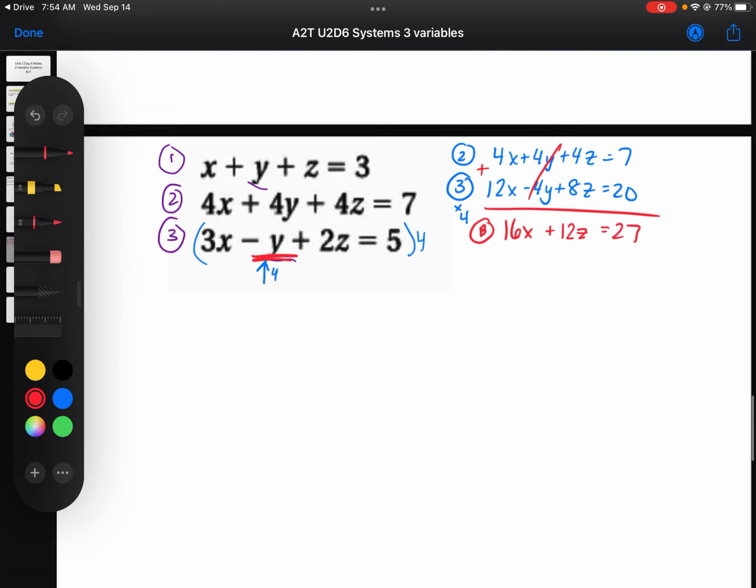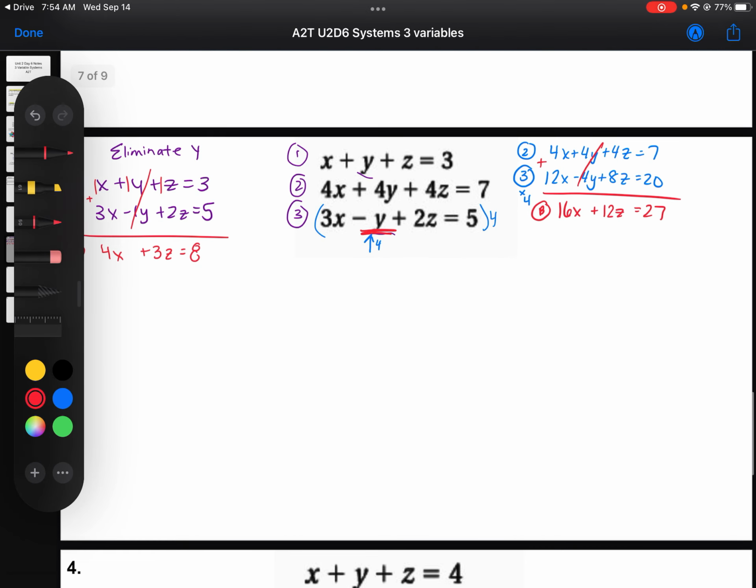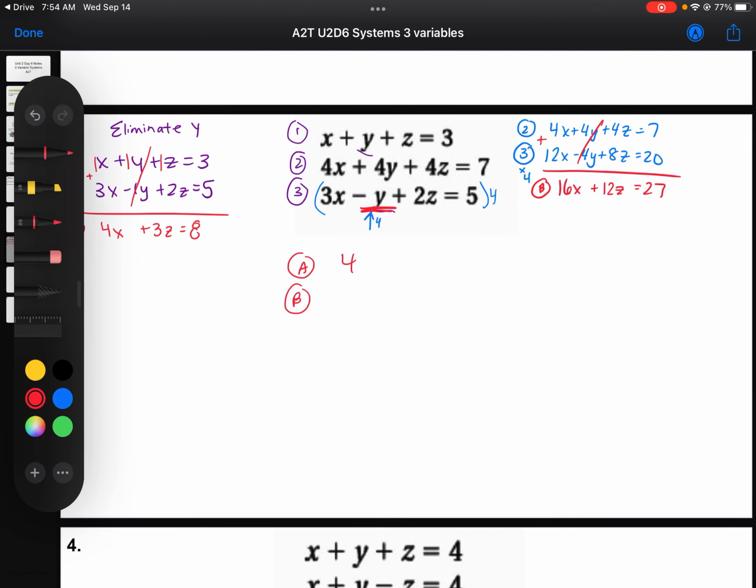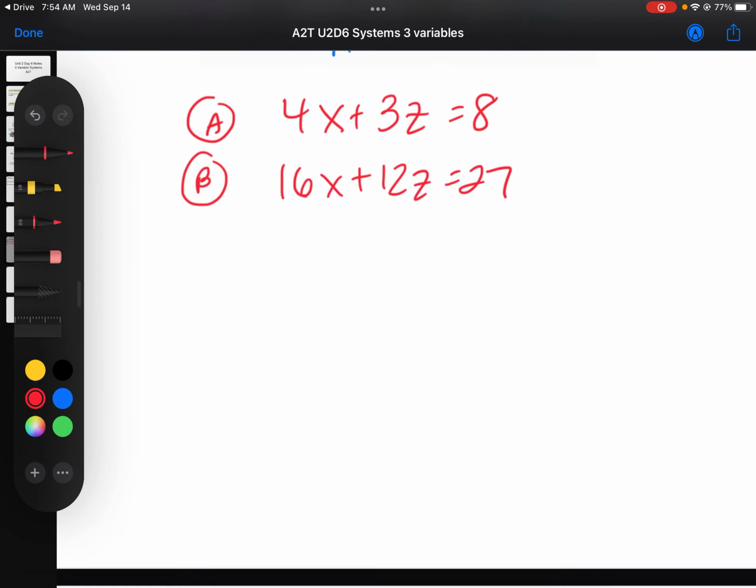Now, I'm just going to take some time to rewrite A and B. So equation A, equation B. We got 4x plus 3z equals 8. 16x plus 12z equals 27. If I add these right now, will anything eliminate? No. So let's see. Can I make this 4 into the opposite of 16 through multiplication?